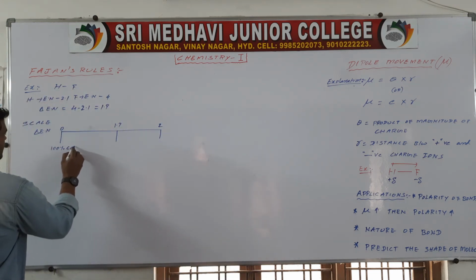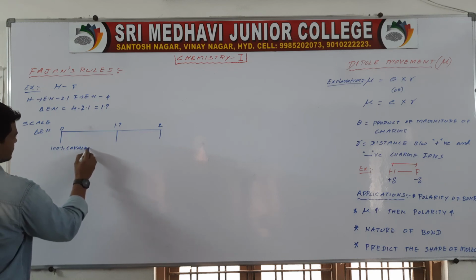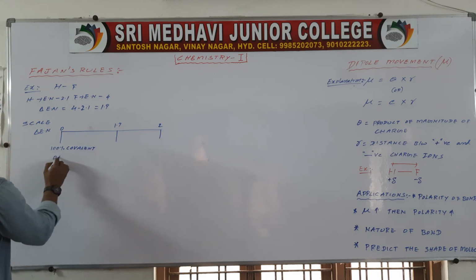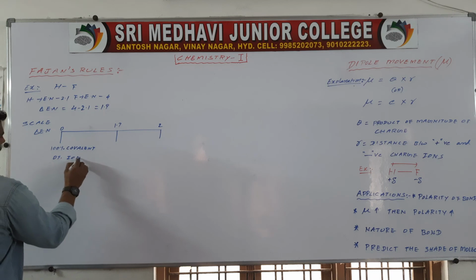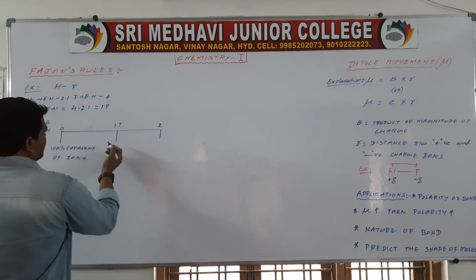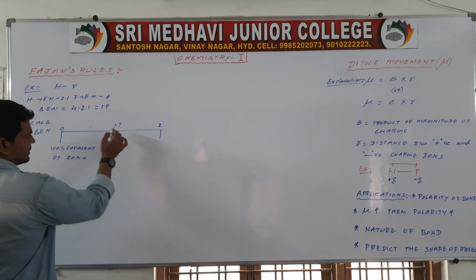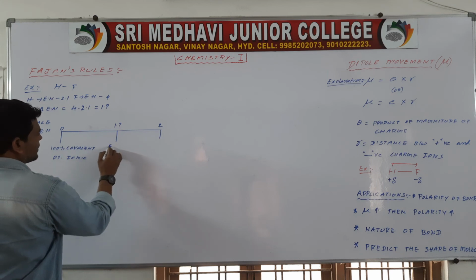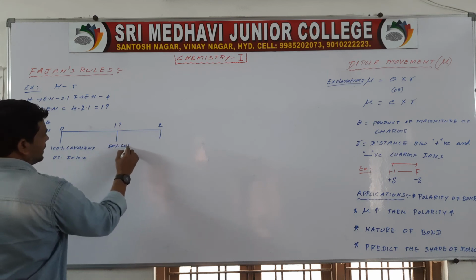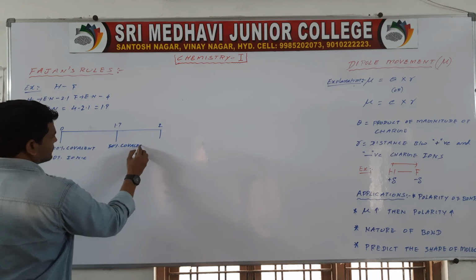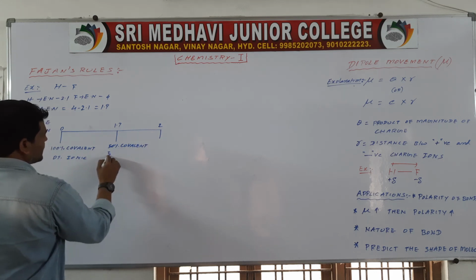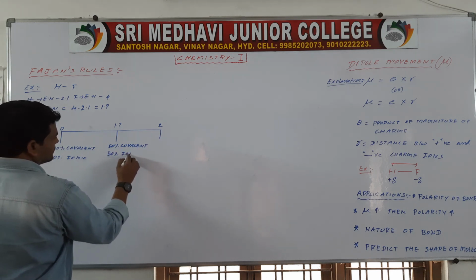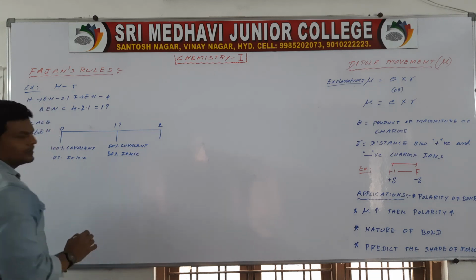It is 100% covalent and 0% ionic. If it is 1.7, correctly 1.7, 50% covalent and 50% ionic.